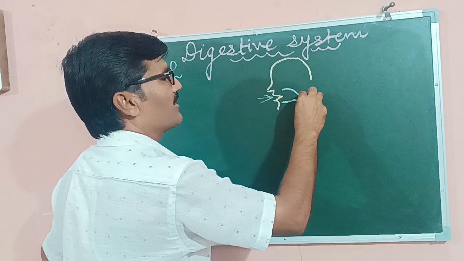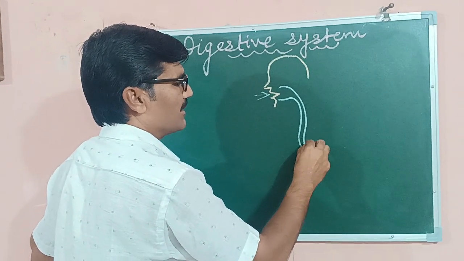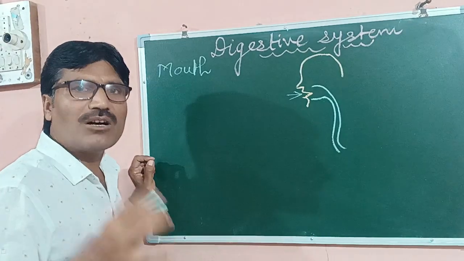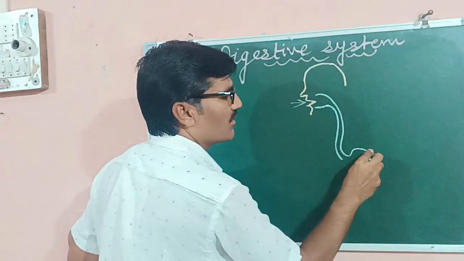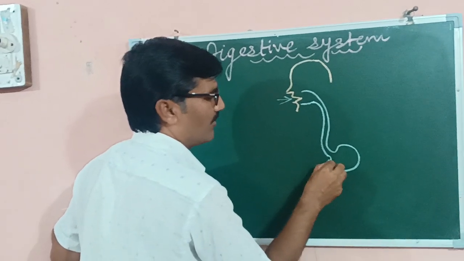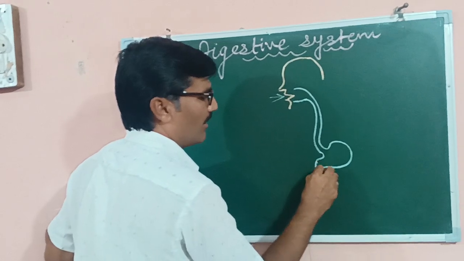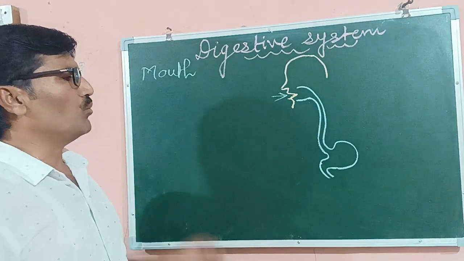It starts like this and gets turned and bulges like a balloon. It bulges like a bottle gourd in this way. And once again it is converted into a tube.